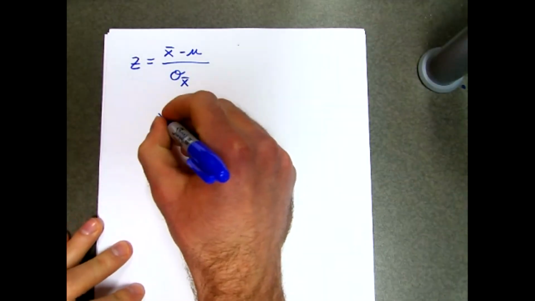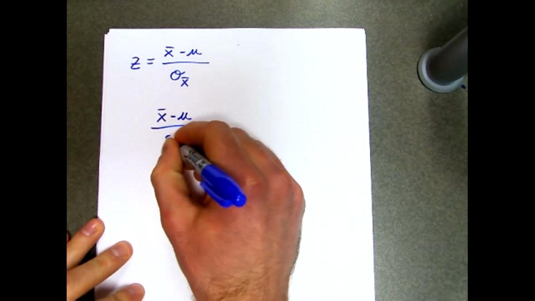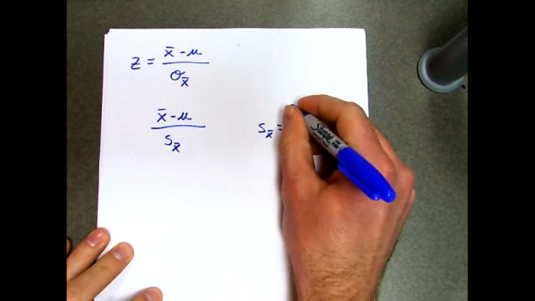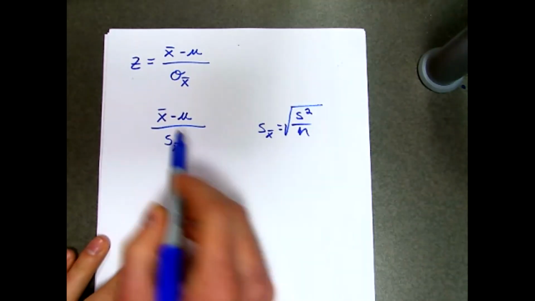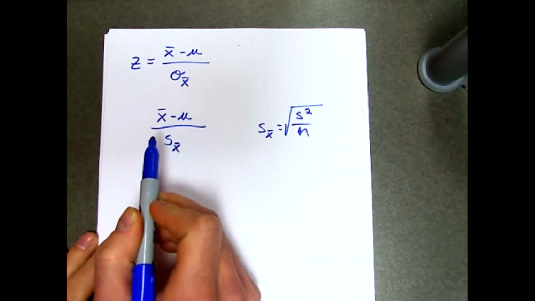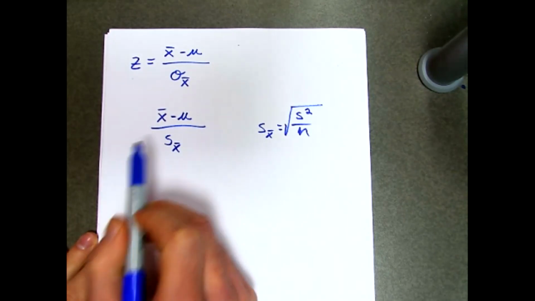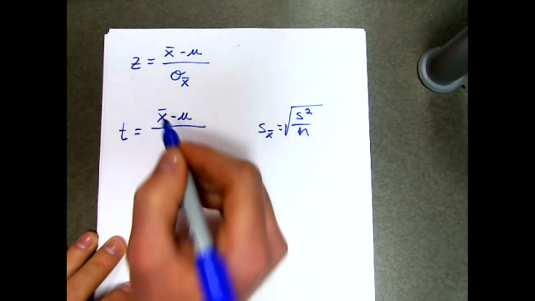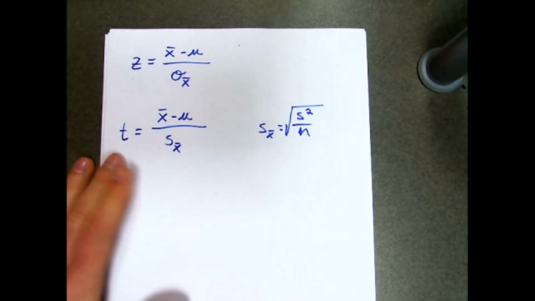The problem is, if we do this when we only have a standard deviation on our sample means, where we had to use a sample variance, not a known population variance, this doesn't actually give us values that are standard normally distributed. So this doesn't give me a Z value. It actually gives us what we call a T value. It still represents the number of standard deviations away from the mean I am, but it's not standard normally distributed.